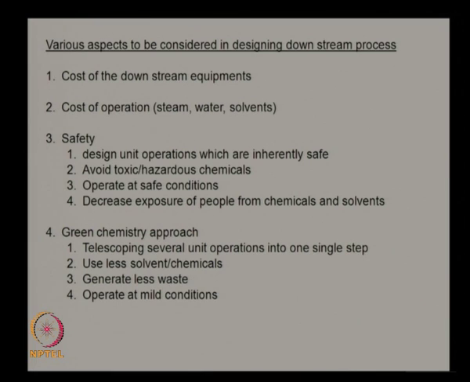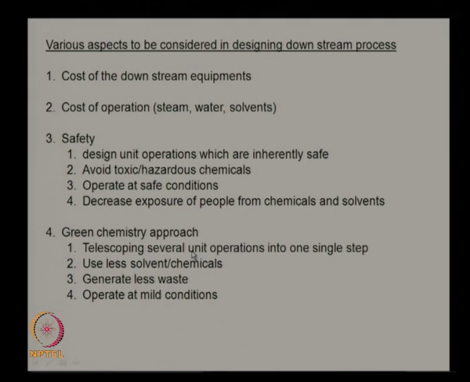Can I generate less waste? Can I do things at milder condition? Do I have to use very high pressure, or I can do at very low pressure, or ambient conditions, ambient temperature? So all these aspects needs to be considered when I am designing a downstream equipment, because they all add up to a very safe and green chemistry based downstream reactor operation design.